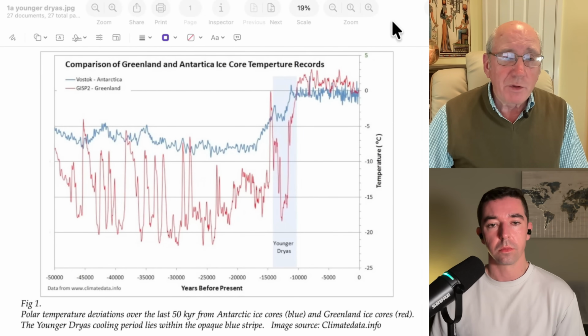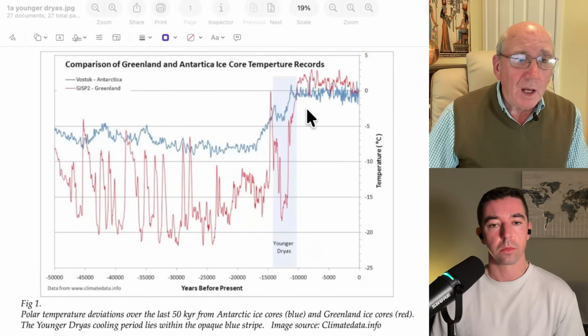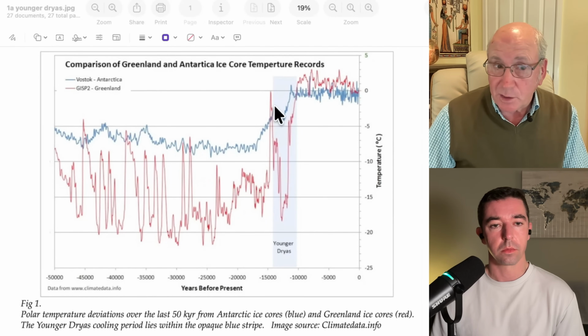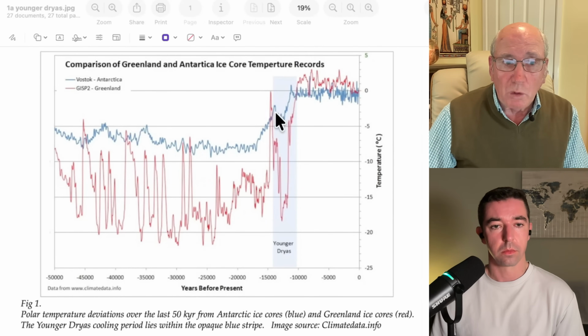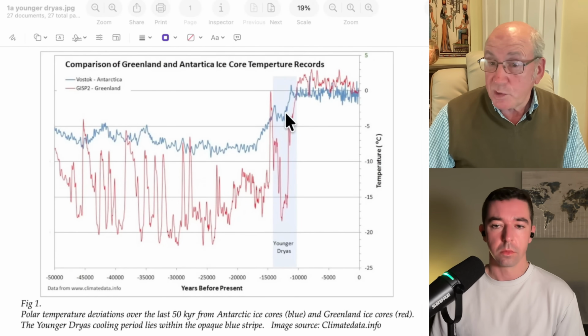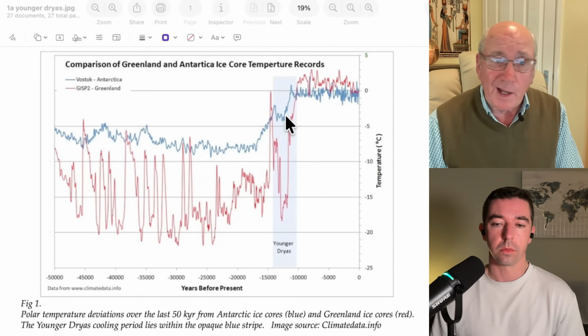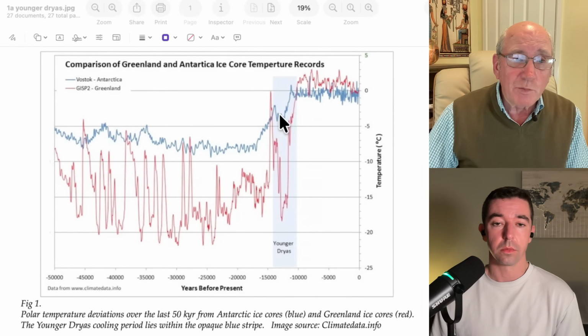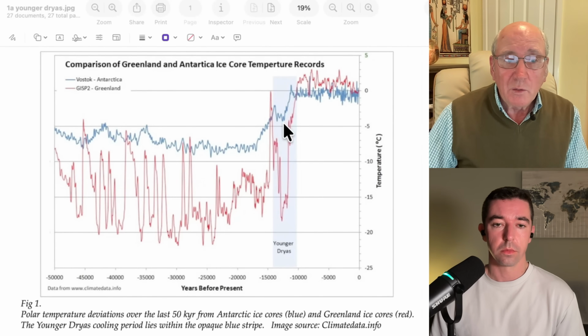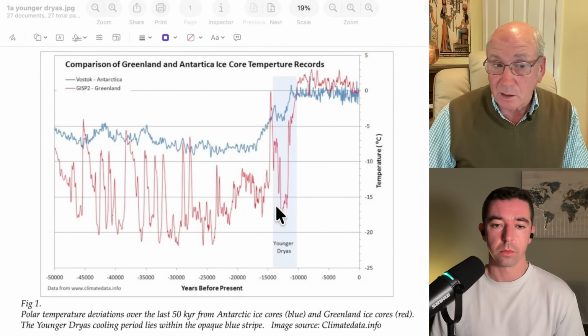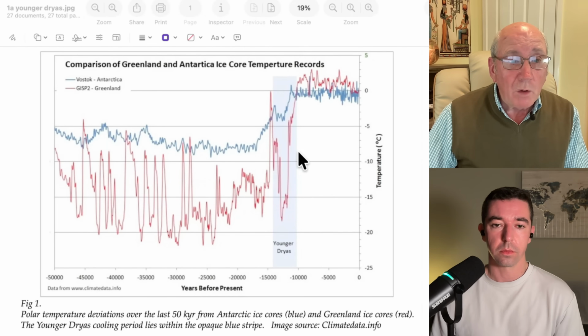Not so much in the south. You can see from this diagram, the blue line is Antarctica, and you can only see a small drop in temperatures in Antarctica. But it was still recorded in Antarctica, so they still had cooler conditions even down there, but they only changed by a couple of degrees, whereas the northern hemisphere, the Arctic, went down, well, what have they got here?